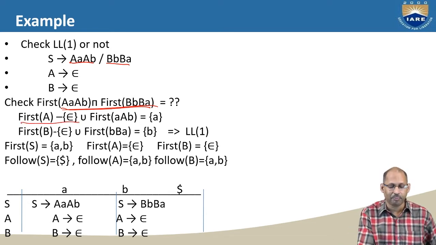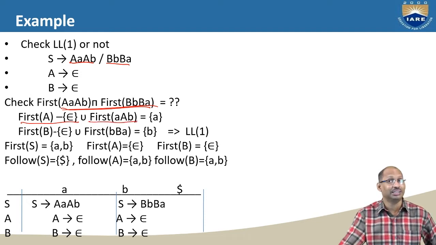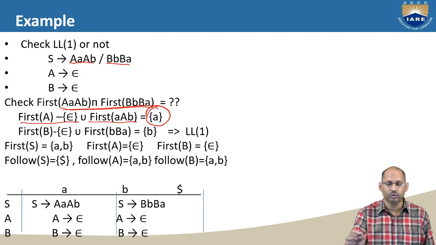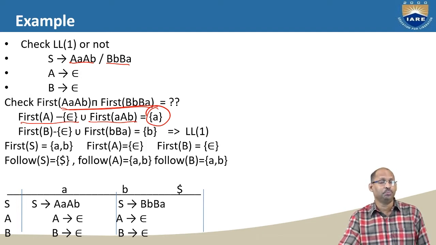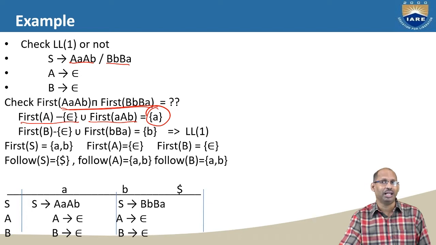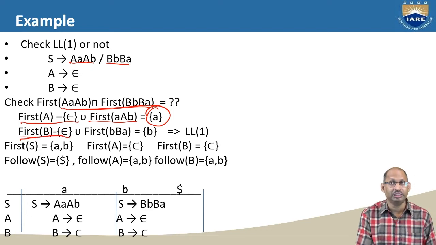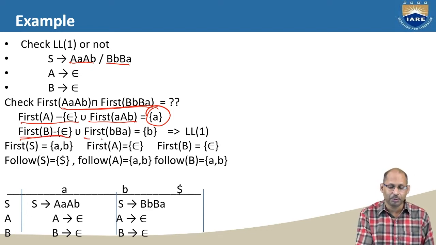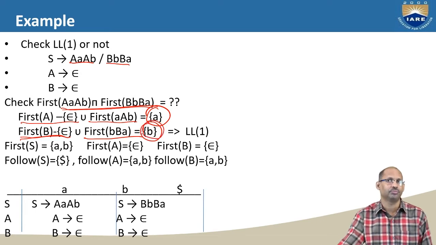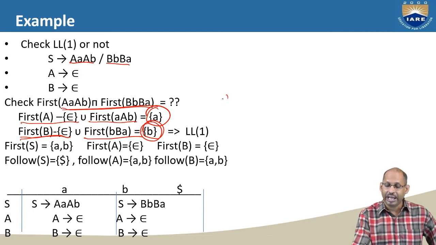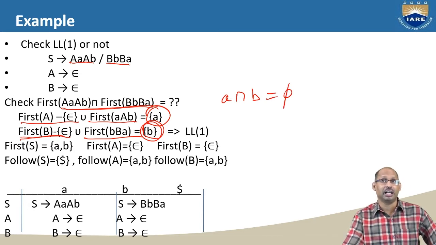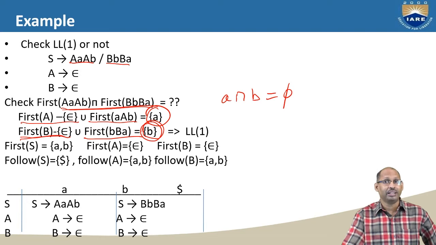So simply first of A minus epsilon, union with first of the remaining symbol, which leads to A. So the first production leads to symbol A. Then from the second production, first of B minus epsilon, since B gives epsilon, then first of BBA leads to B. Since A intersection B is empty, we say this grammar is LL1 grammar, and the predictive parsing table is unambiguous.